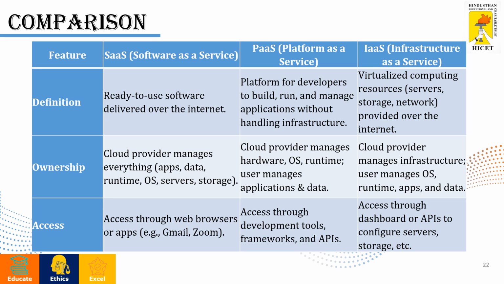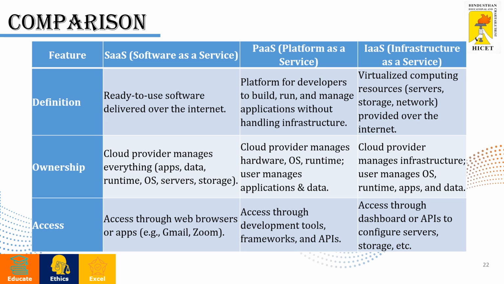This table will provide a clear comparison between software as a service, platform as a service and infrastructure as a service. First one, the definition. Software as a service means ready-to-use software delivered over the internet. The next one, platform as a service: a platform for developers to build, run and manage applications without handling infrastructure.